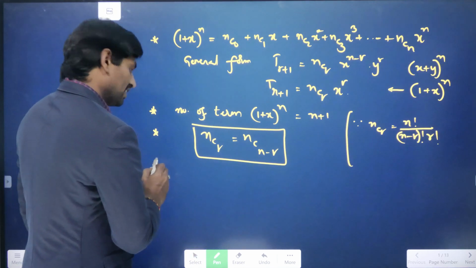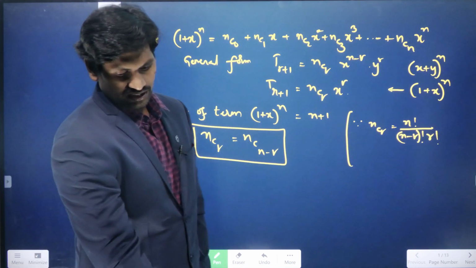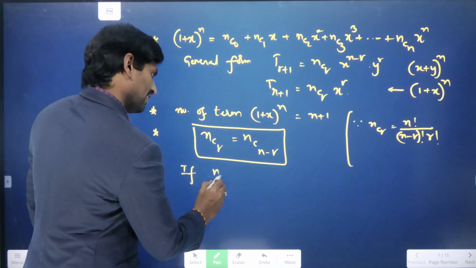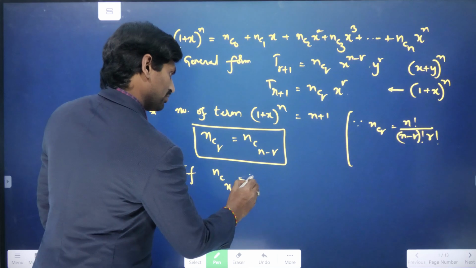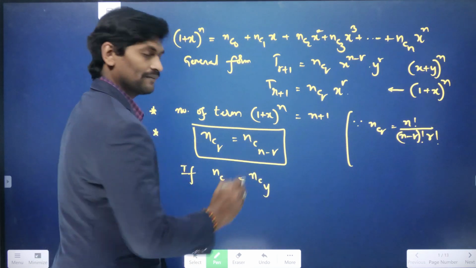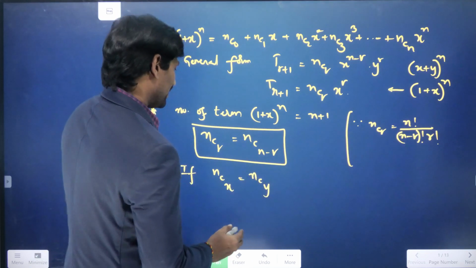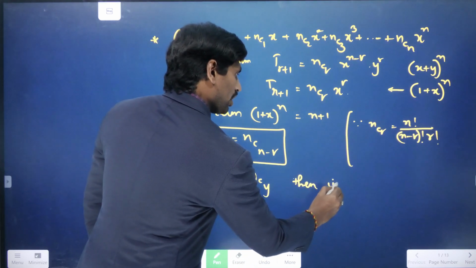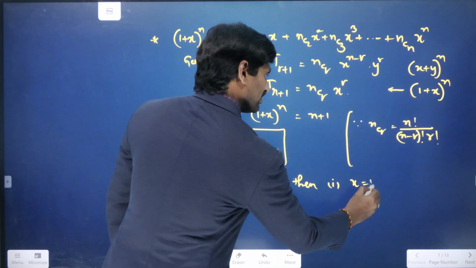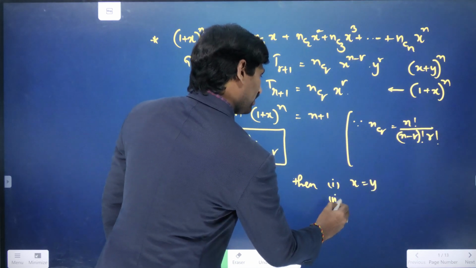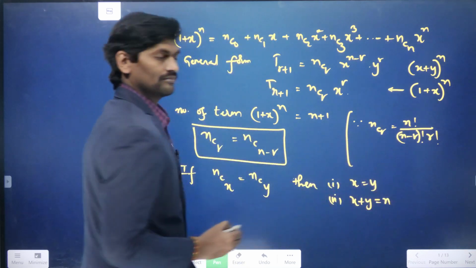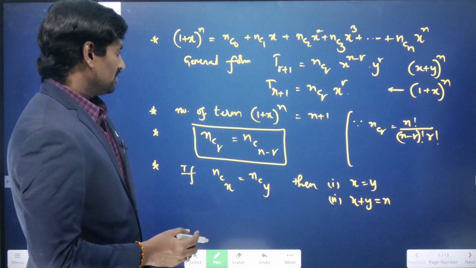Let us go to the next property. If nCx equals nCy, then there are two options: x equals y, or x plus y equals n.